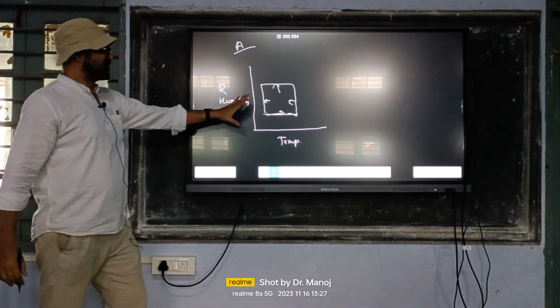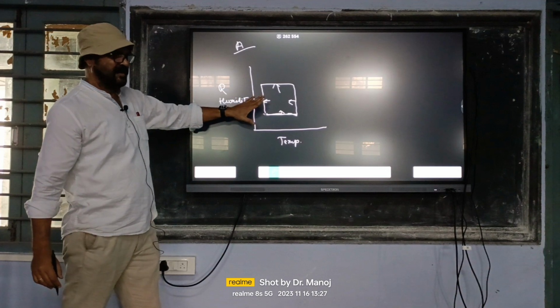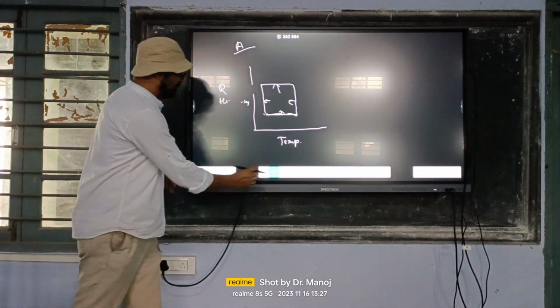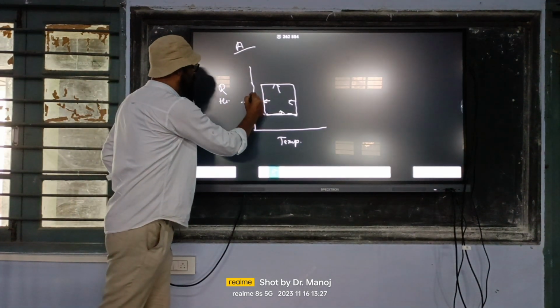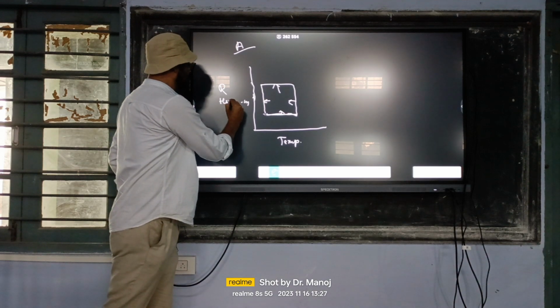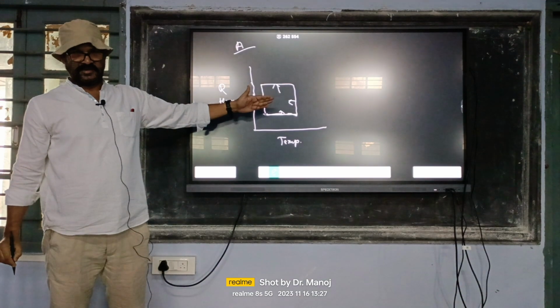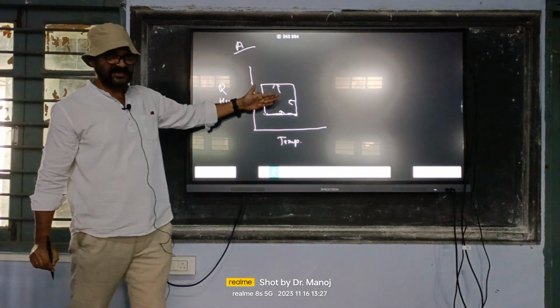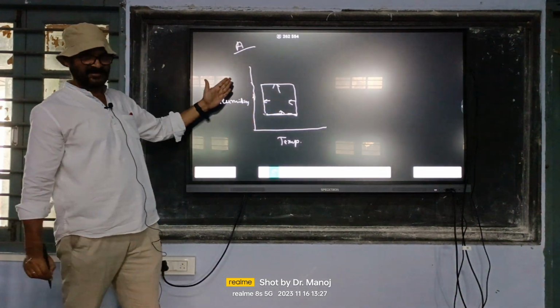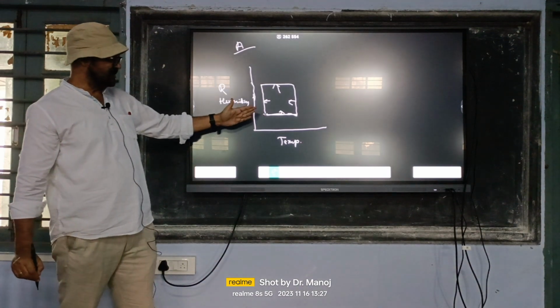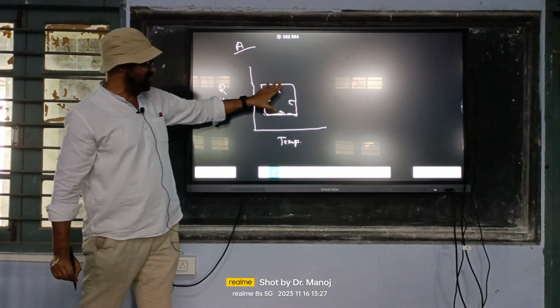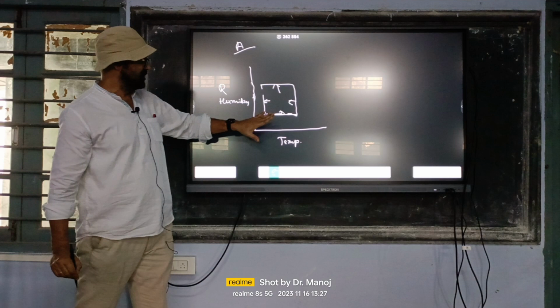So it is a box-shaped structure. It is a space of humidity and temperature. Since we are taking two factors, it is a two-dimensional space, a two-dimensional box.